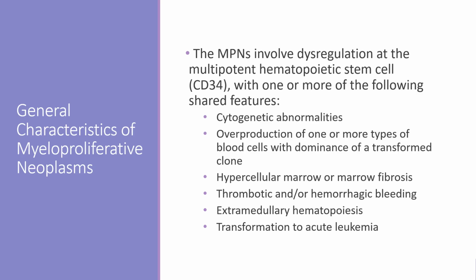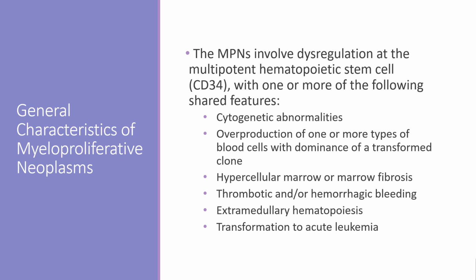And unfortunately, some of these myeloproliferative neoplasms can transform into an acute leukemia. So remember, we have that threshold where in order to be classified as an acute leukemia, we have to have equal to or greater than 30% blasts in the bone marrow.